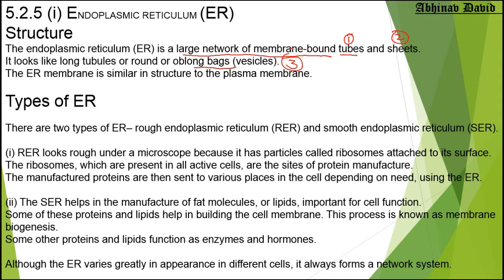So the endoplasmic reticulum looks either like a tube, or a sheet, or round bags which are called vesicles.